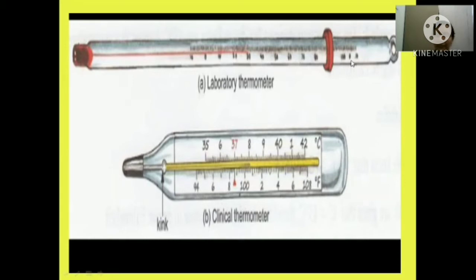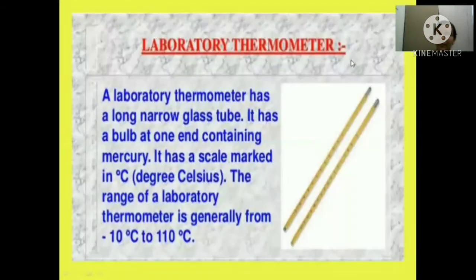So that is the difference between the laboratory and the clinical thermometer. As you can see, the laboratory thermometer is tube-like. It generally measures -10 degrees Celsius to 110 degrees Celsius, and it is used for measuring the temperature of liquids. So that's why we use the laboratory thermometer.